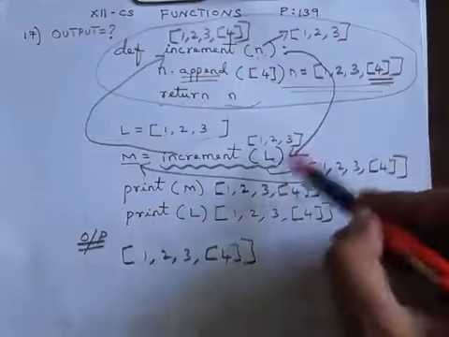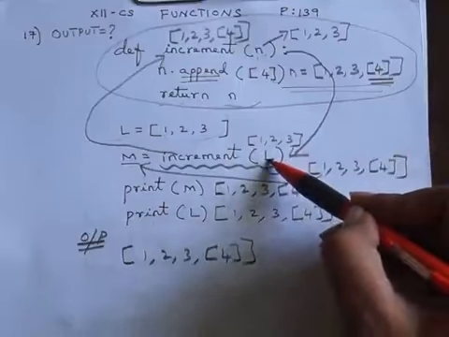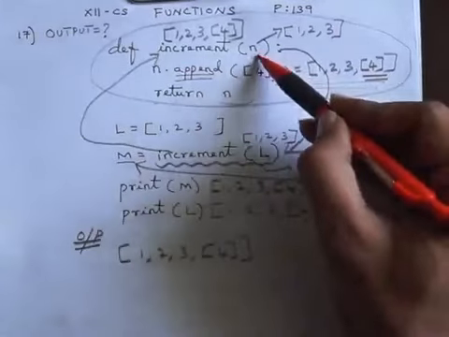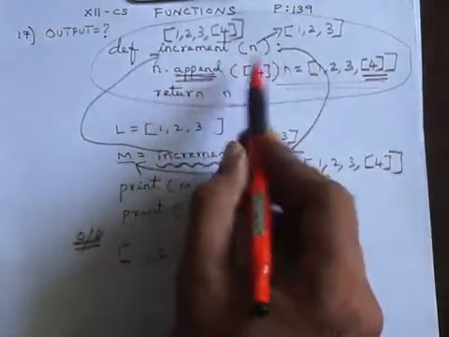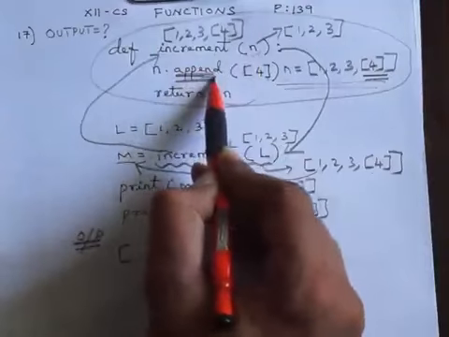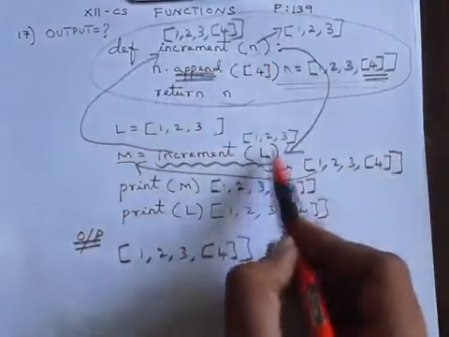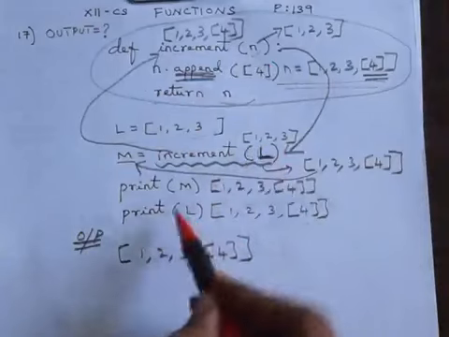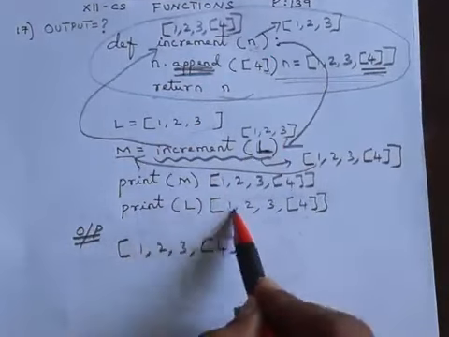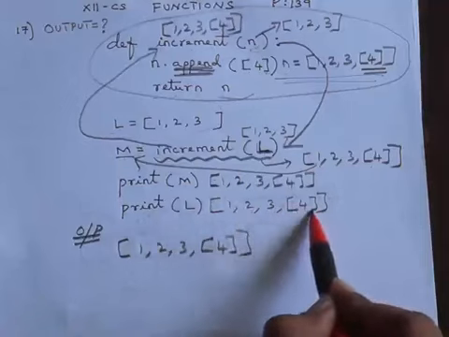Once again I am repeating. If the L value is transferred to n and this n value is appended, it will reflect back such that the L value also will be appended. So if you print L, 1, 2, 3 and 4 also will come.